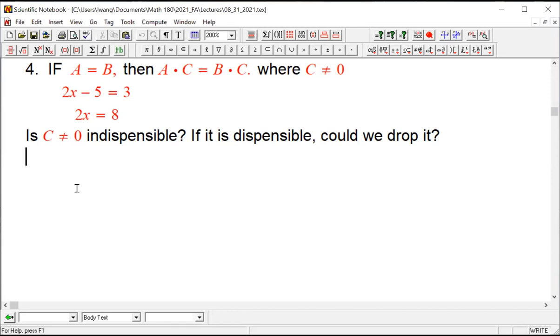Let me see the chat. Is there a chance that you could divide by 0? Can we divide by 0? We certainly cannot divide by 0, right? But can we multiply by 0? Because this says multiplying. The answer to the question in chat by Wilbur, is there a chance that you could divide by 0? No, we should never ever divide by 0. Never.